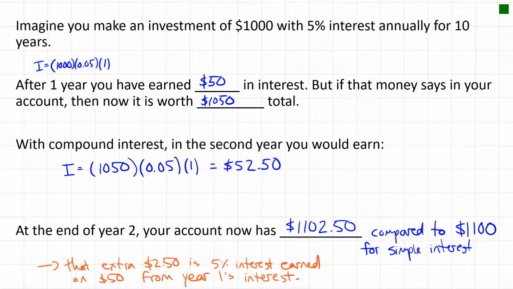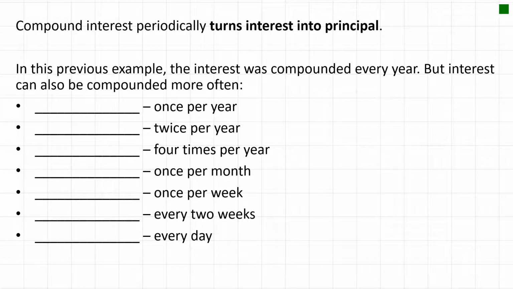Now $2.50 doesn't seem like much, so really is compound interest that much better than simple interest? But what we're going to see is that the longer an investment stays, the more and more significant these compounding effects become. So compound interest periodically turns interest into principal.